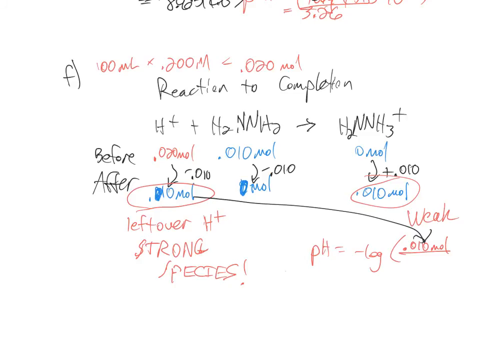So 100 mils of the acid added to 100 mils of the base gives you 200 mils, or 0.2 liters. And when you divide that, we get 0.05 molar, and taking the pH, we get 1.3.